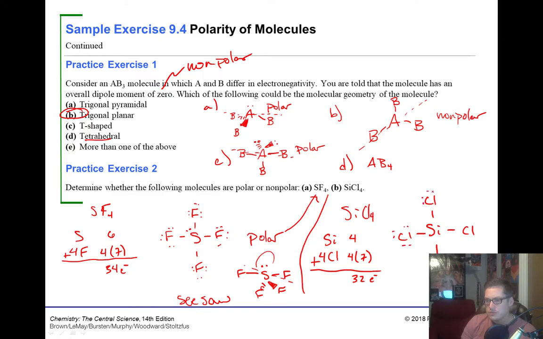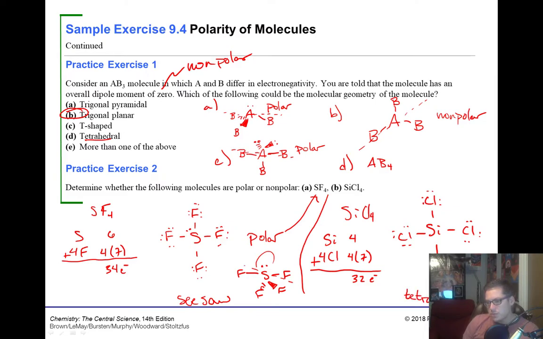If you were paying attention from the last problem, we had essentially the same setup with the sulfur, and we had 32 electrons here. We can count them up just to double check: 2, 4, 6, 8, 10, 12, 14, 16, 18, 20, 22, 24, 26, 28, 30, 32. So this is the shape of this one: tetrahedral.